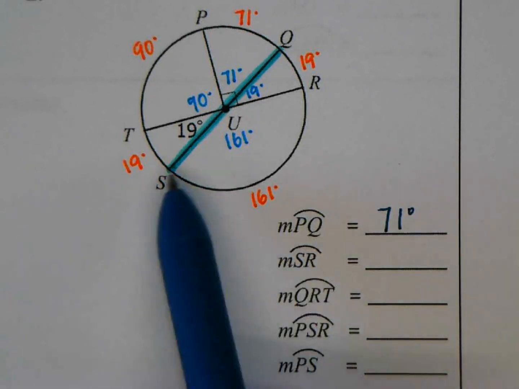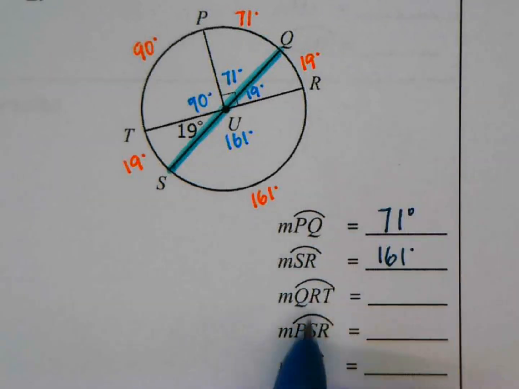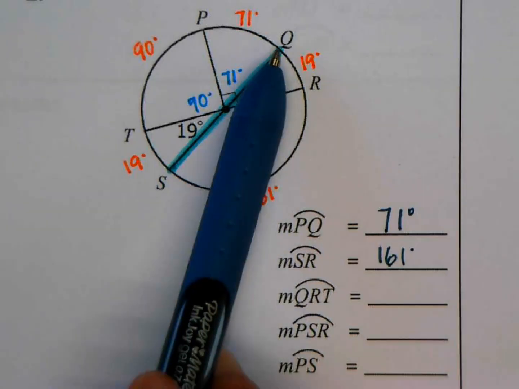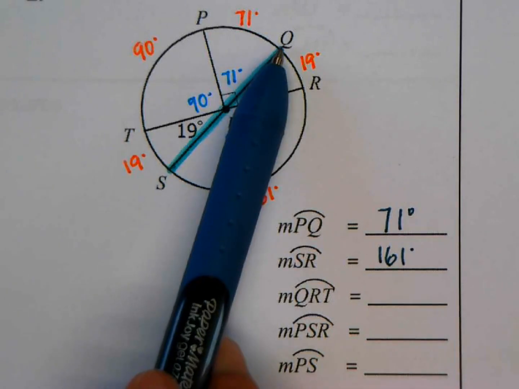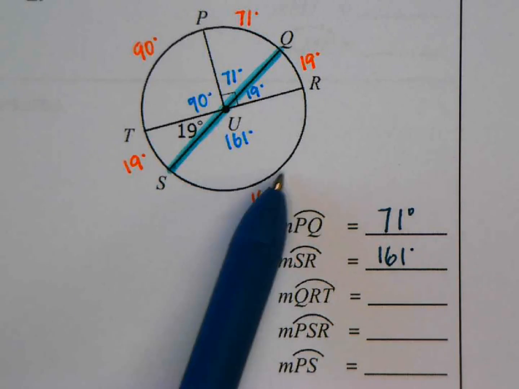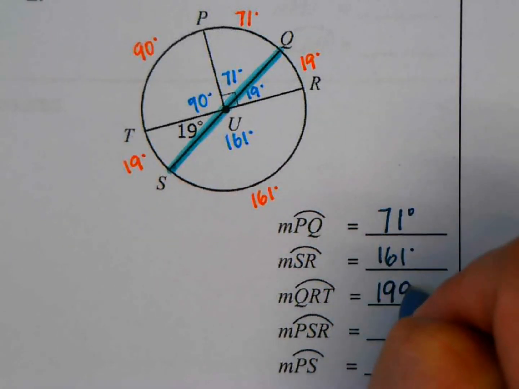SR, 161. QRT, that's a major arc because it uses 3 letters. So I want to make sure that it's going to be more than half the circle. QR, oh, nope, T comes too soon. So QRT, 19, 161, 19, 199. Together, they make 199.